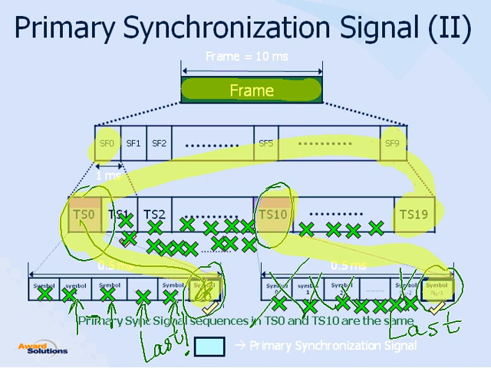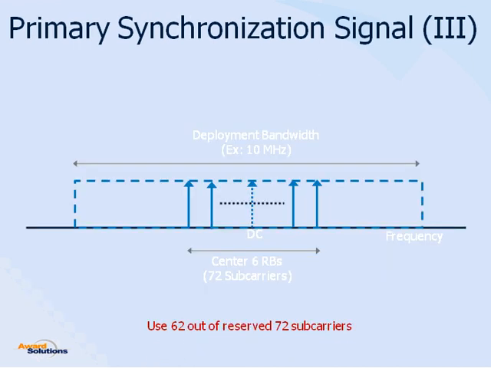Okay. Now this is from the time perspective. The question is, on which subcarrier we will find our sequence? Time we know already, last OFDM symbol of time slot 0 and 10. But how about the frequency? Well, as far as the frequency is concerned, the center 72 subcarriers will carry the primary signal. Okay. So even though we may have deployed the system in 10 MHz bandwidth, for primary signal, we will not use the entire spectrum.